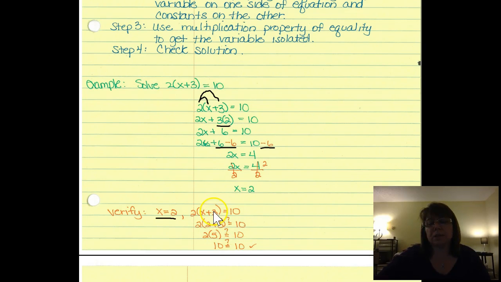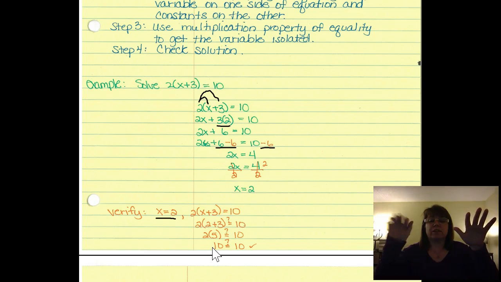I worked completely down the left-hand side. If we had values on both the right-hand side and the left-hand side, we'd work down one side, then down the other side, and if the two sides equal the same number, then the solution that we found is verified.